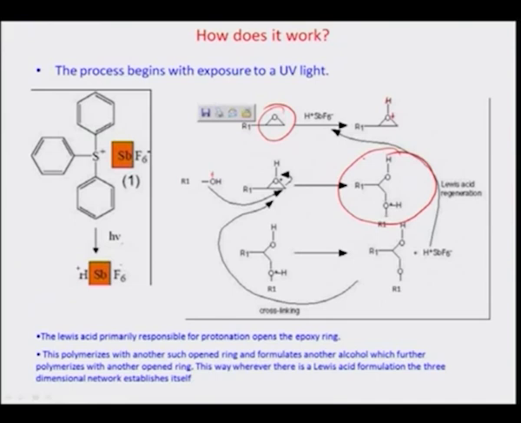Once this is done, the hydrogen gets off, and you are left with this moiety here, and H plus is generated back. So, it acts as a catalyst and it joins the photoacid generator group.